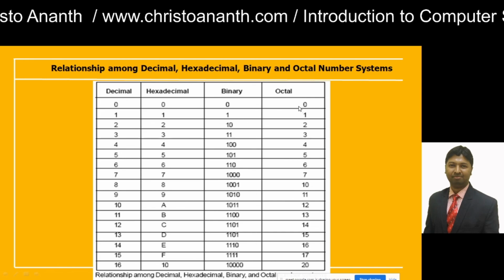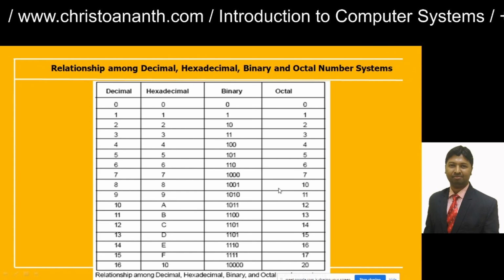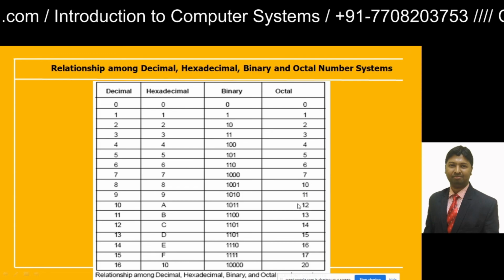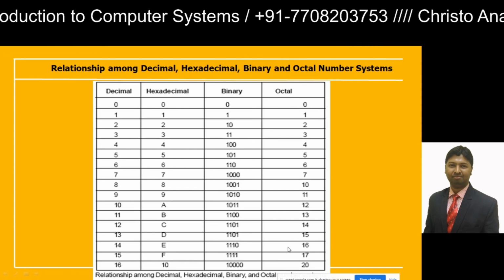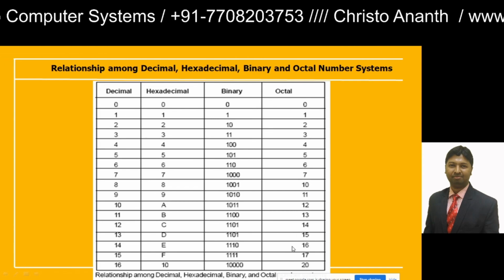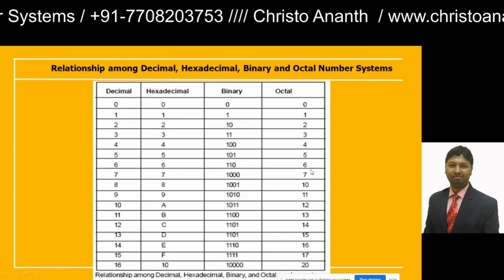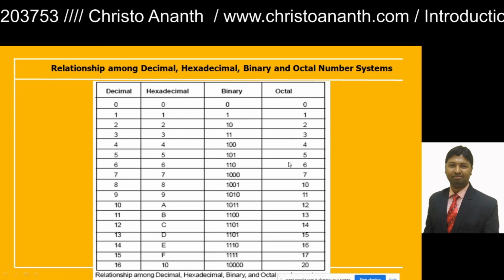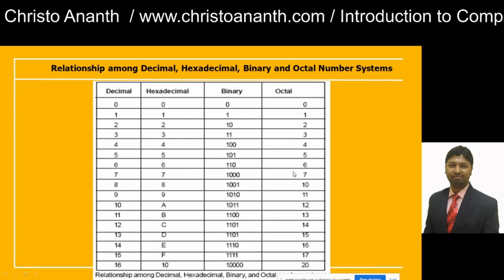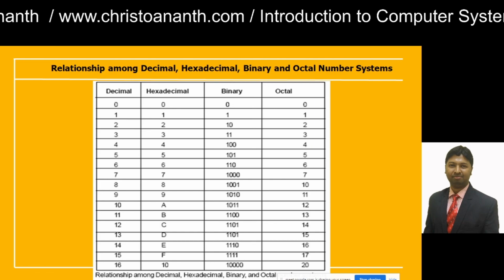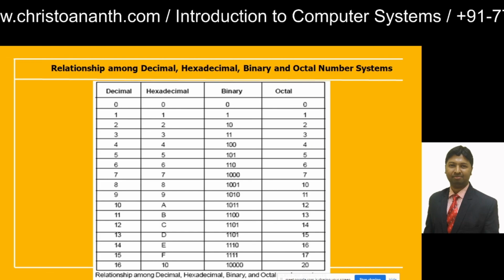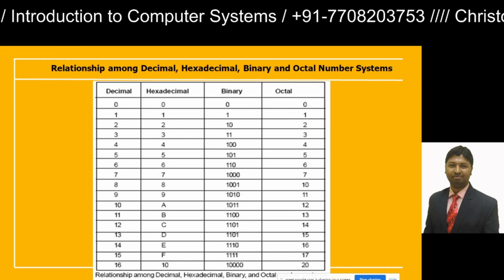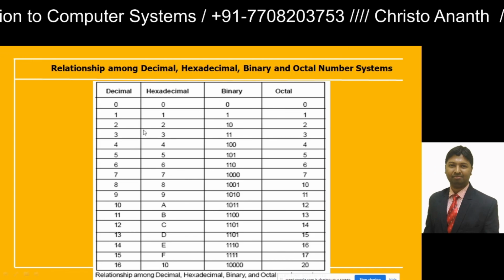And octal is 0 to 7, with no 8 and 9. So you write 10, 11, 12, 13, 14, 15, 16, 17, and after that it's 20. But normally it will be from 0 to 7 only. It's the easiest way. So this is the relationship among the decimal, hexadecimal, binary, as well as octal number systems.